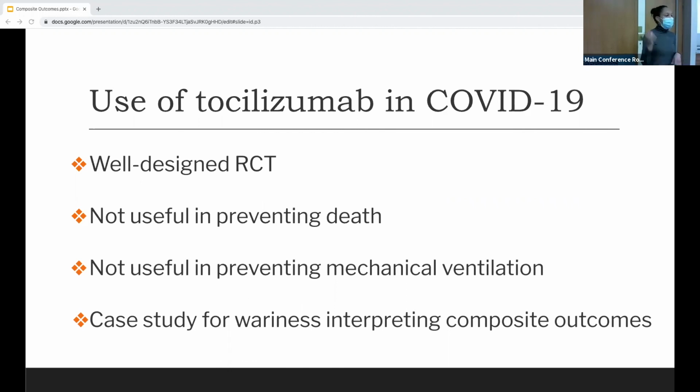So keep this as a case study in your mind when you're looking at these clinical trials, particularly as we spoke about in cardiology, that use major adverse cardiac events as this composite outcome, and use this as a trigger to remind yourself to be very wary of these composite outcomes and to look at the individual components, and look at the supplement if you have access to it, to see how those component endpoints play into the composite outcome.